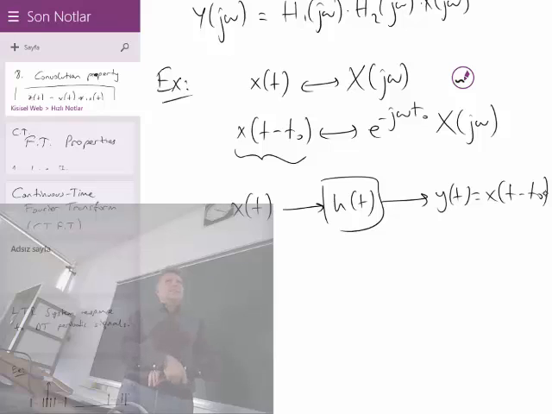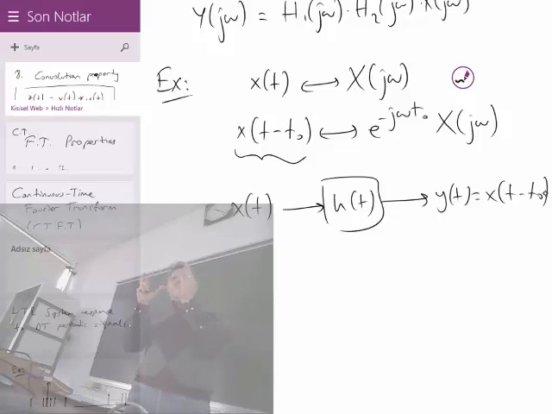Can you guess by inspection only the impulse response h of t? What is the impulse response of a delay system? It has nothing to do with x, of course, because it's just a delay system.